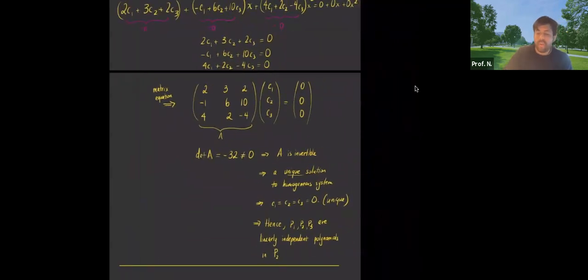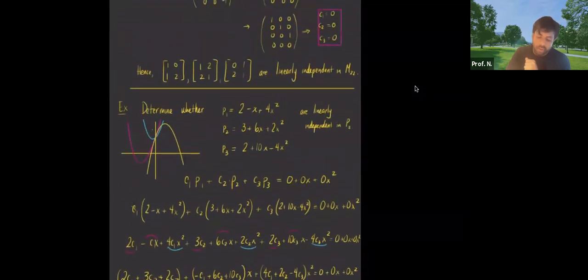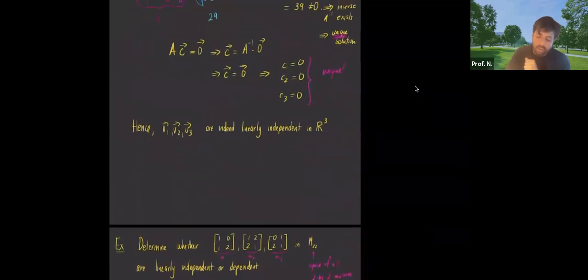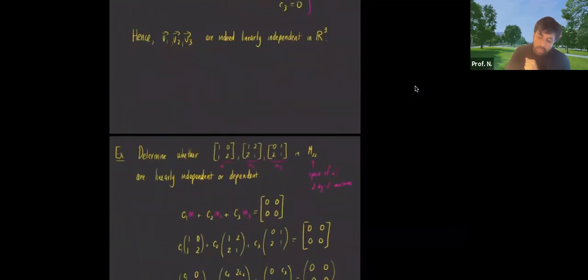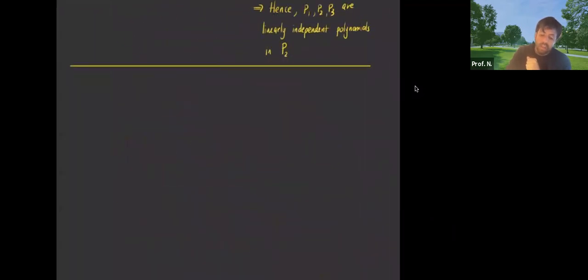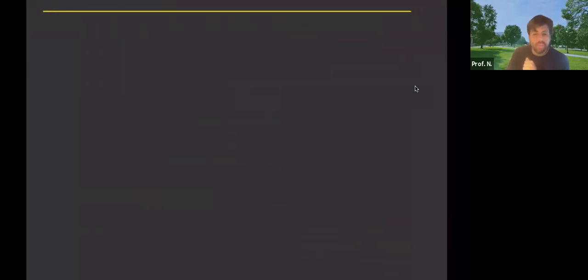Okay, so far we've seen linear independence among polynomials, among matrices, and among our standard R3 world, in this particular example, R3. So now the question is, how do we speak of linear independence for functions? What do we use to demonstrate linear independence with functions?